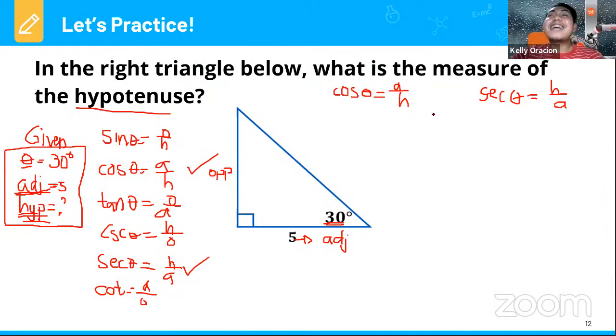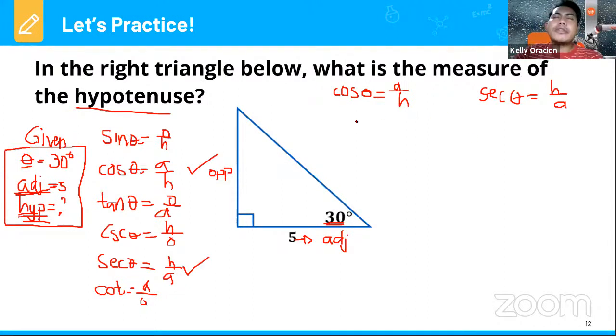Isa lang ang pili. In my quiz, in my exam, it's your choice, basta tama lang ang inyong gipili.